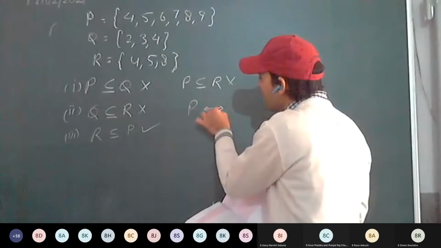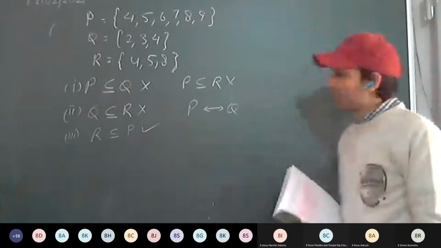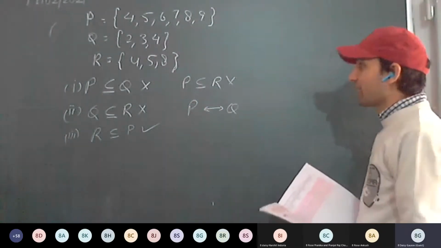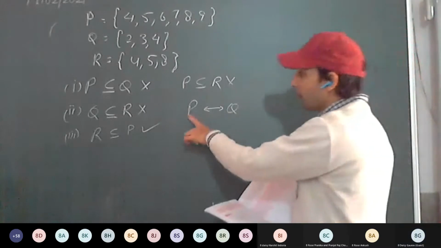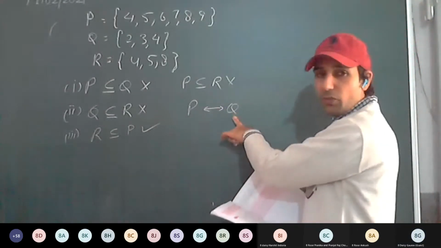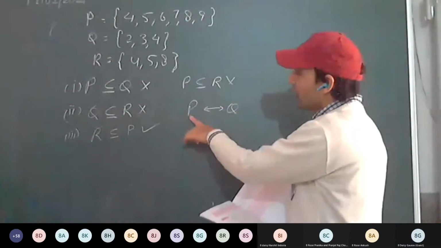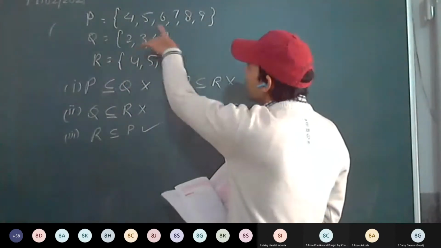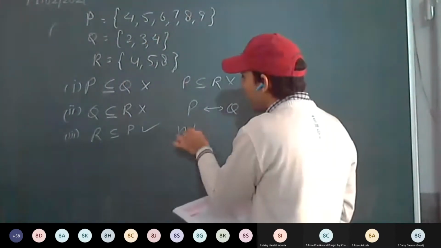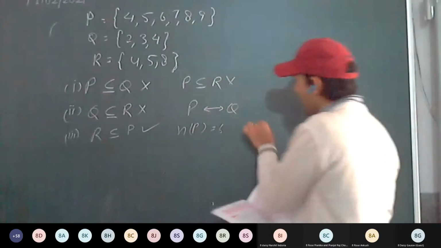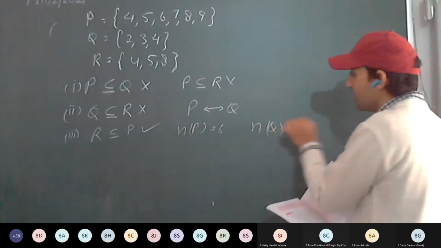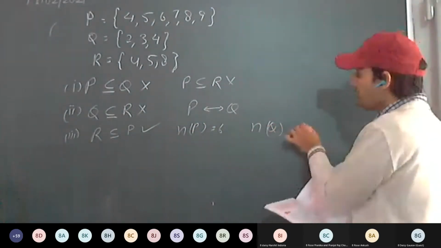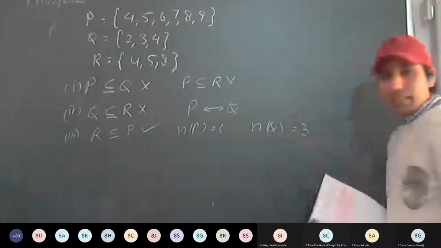What is the sign for? Equivalent. It means the number of elements of P equals the number of elements of Q. How many elements are in P? n(P) equals 6. n(Q) equals 3.